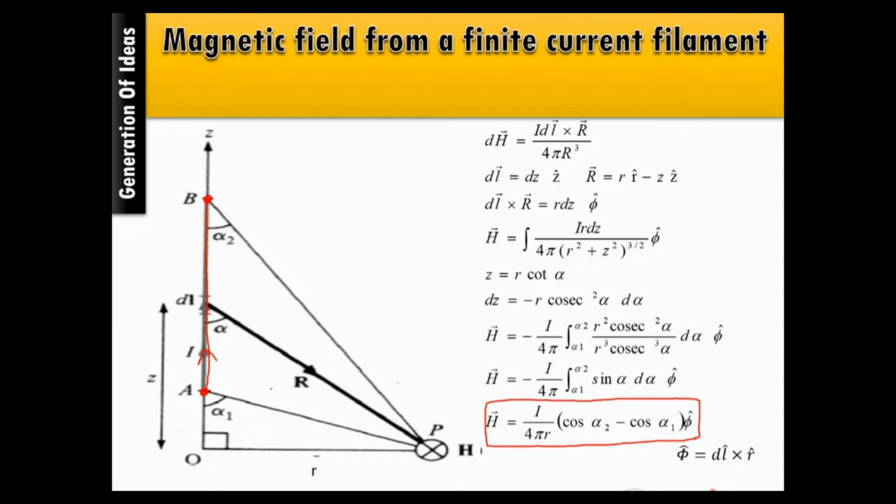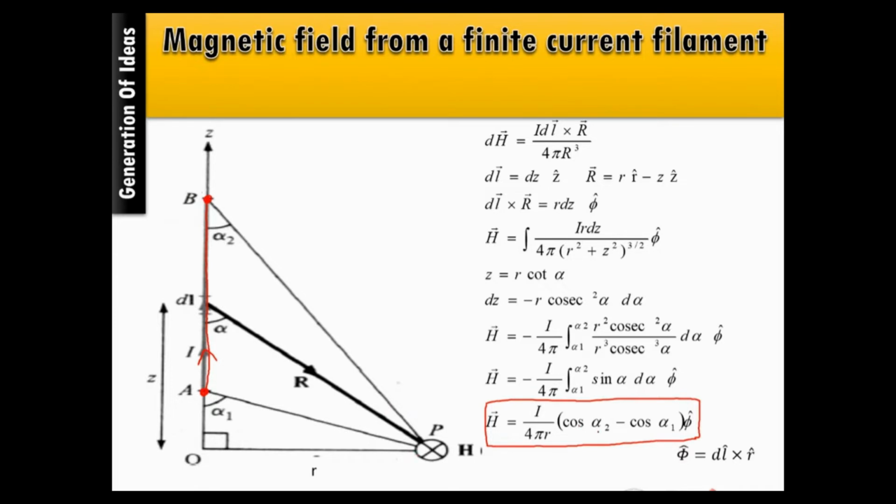This alpha 1 is with point A, which normally has the smaller value, and point B has a larger value, and this alpha 2 is with point B.